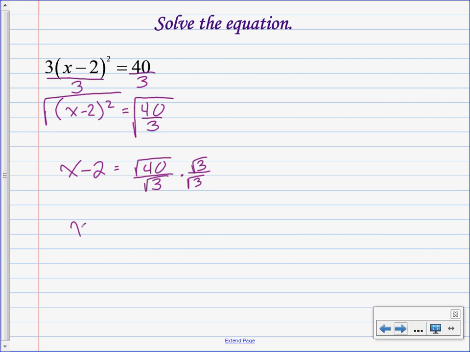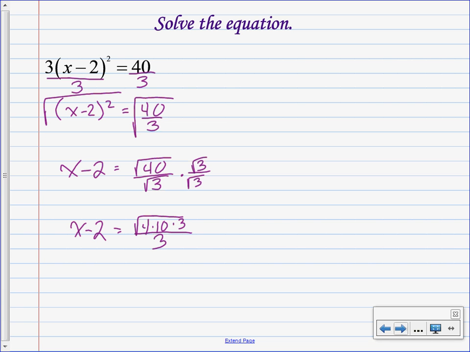So then I get x minus 2 equals, what's 40? What times what is 40? 4 times 10, good. Times 3, right? All over what? 3, good. Everyone okay with that?